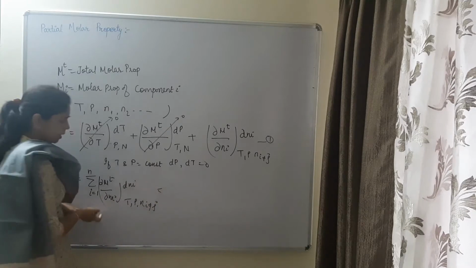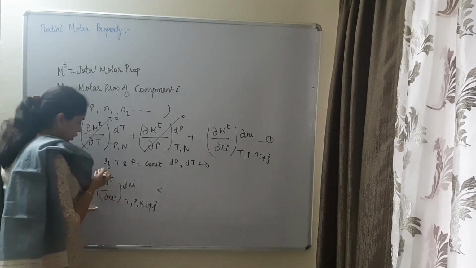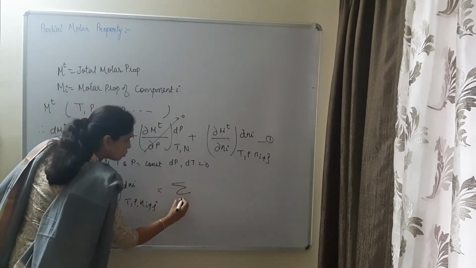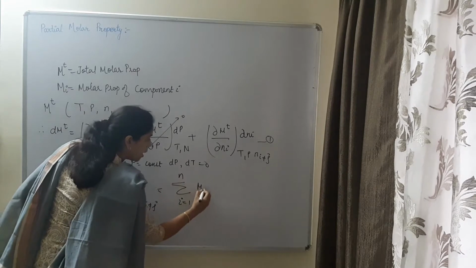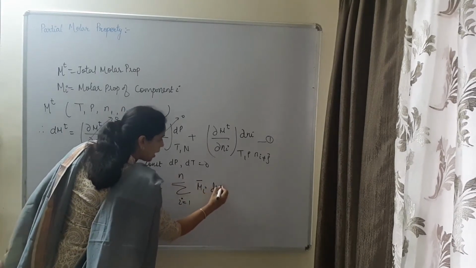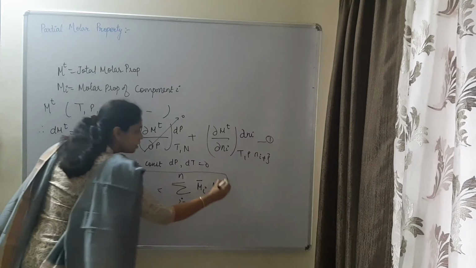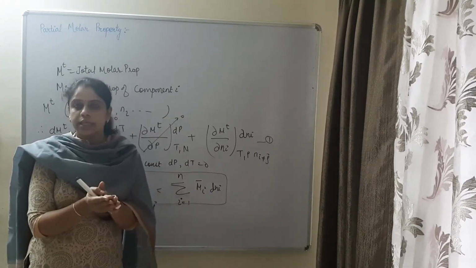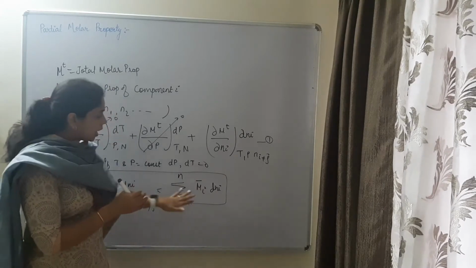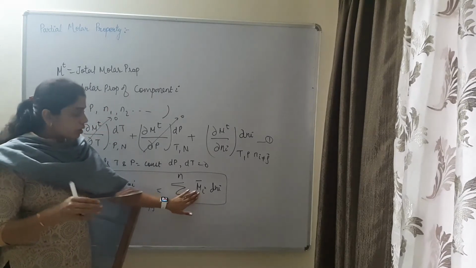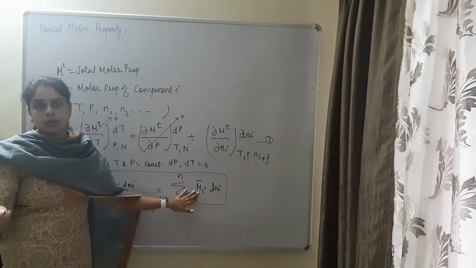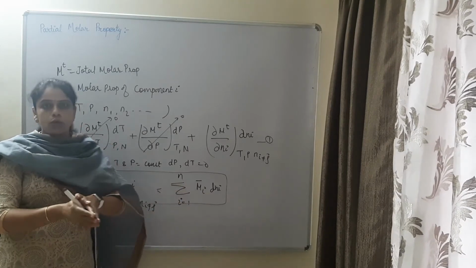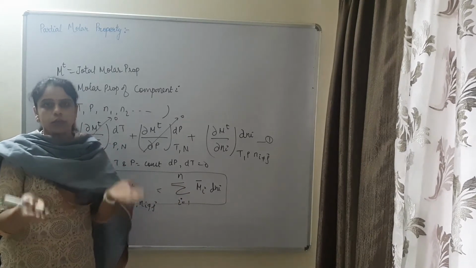This is what we call the partial molar property, so you can define it by Mi bar. So the equation is dMt equals the summation over i equals 1 of Mi bar dni. This relation proves that the partial molar property Mi is not an extensive property, it is an intensive property, and it does not depend upon the total amount of the constituents present in the solution. It depends upon the relative amount or composition of the constituents.